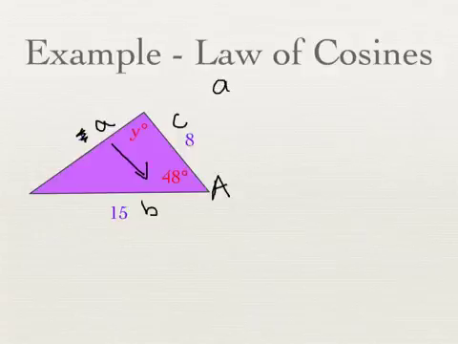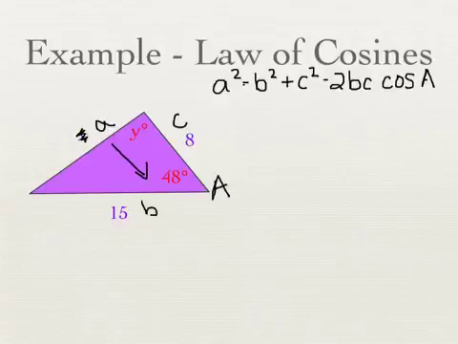Formula looks like this. A squared equals B squared plus C squared minus 2BC cosine A. Now, I don't know what A is. I don't have anything to fill in for that A value, so I'm going to just leave that as A squared.